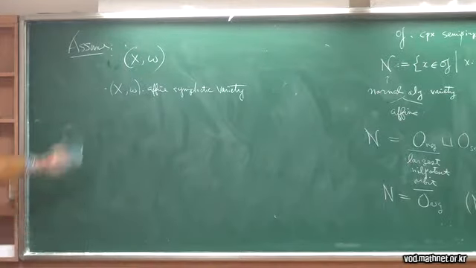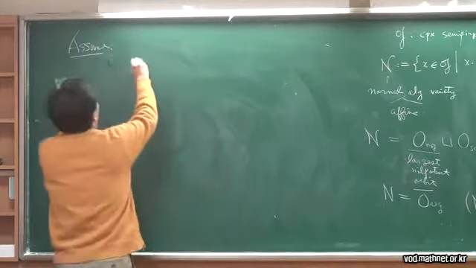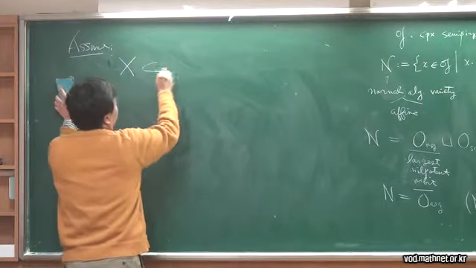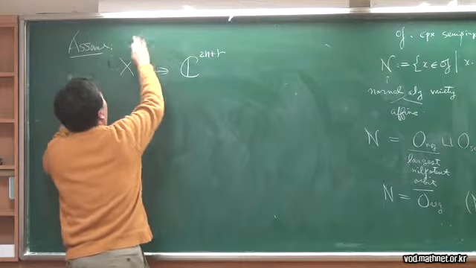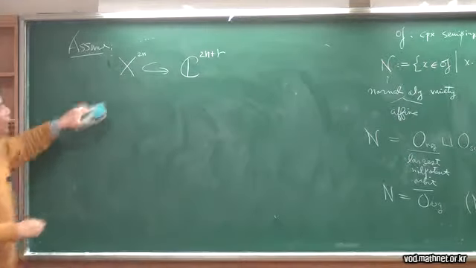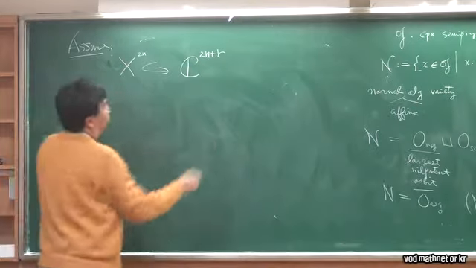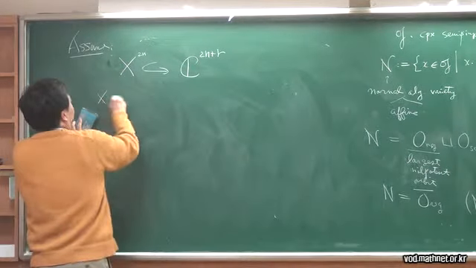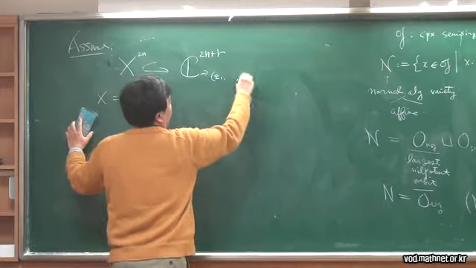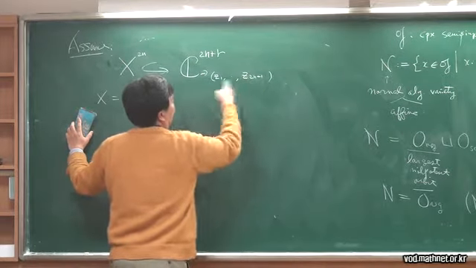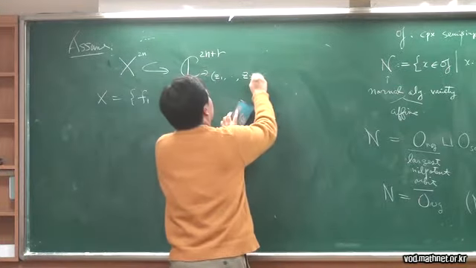X has dimension 2n, and X is realized as a complete intersection of homogeneous polynomials. So we call the coordinates z1 to z_{2n+r}.